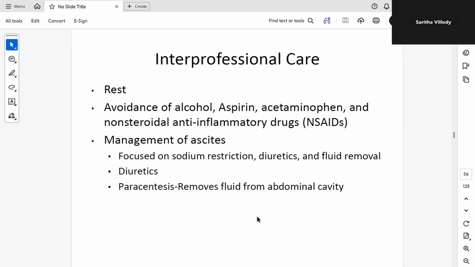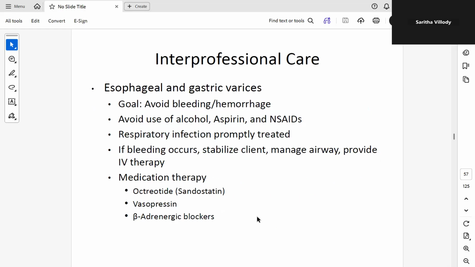So if we're removing a large amount of fluid through paracentesis, it could cause fluid and electrolyte imbalance or shift in a quick time period. That is why in most cases you would see patients who undergo paracentesis get albumin infusion to compensate for that. And you usually give the 25% albumin.